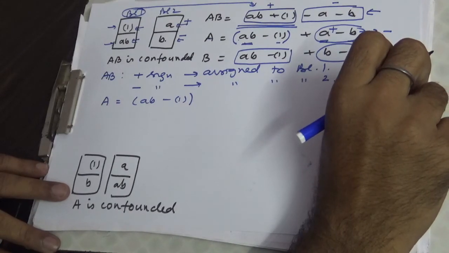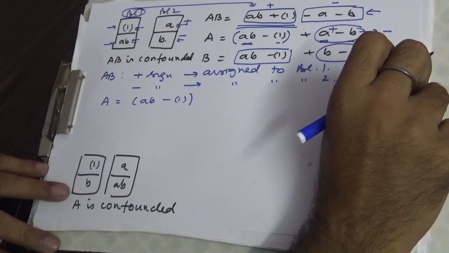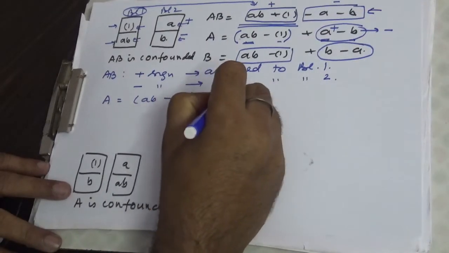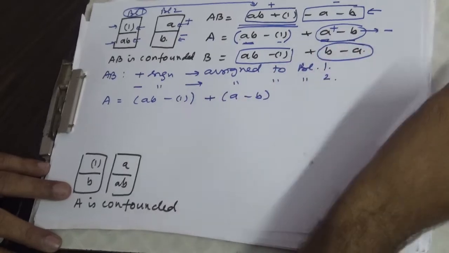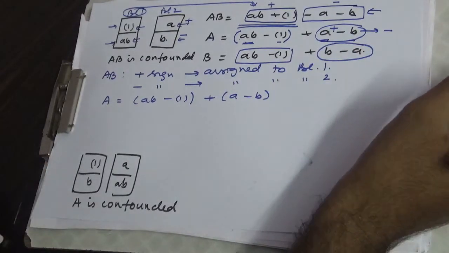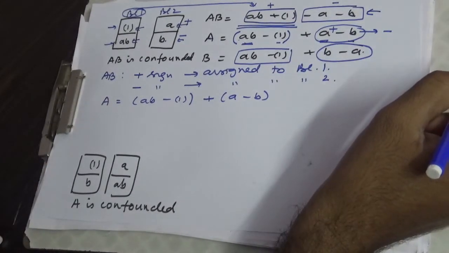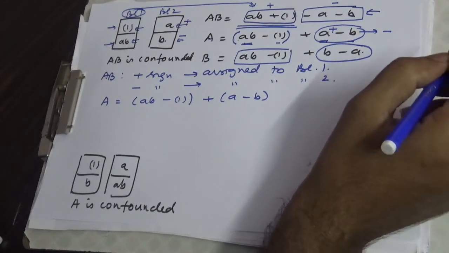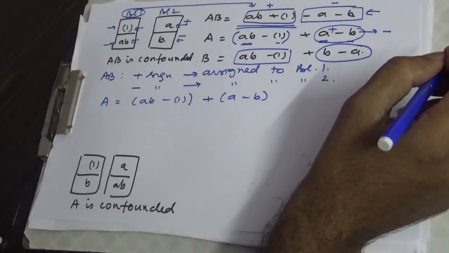Or in general, is it a contrast? Answer is yes. And similarly, for another component here, A minus B, is this also a contrast? Answer is yes. This is also an elementary contrast.